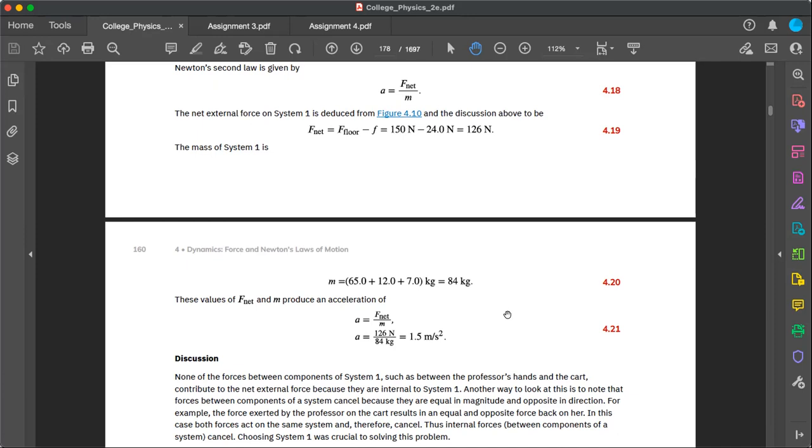That's a lot, because you're accelerating for the whole minute. That's about 2.7 kilometers in 1 minute.